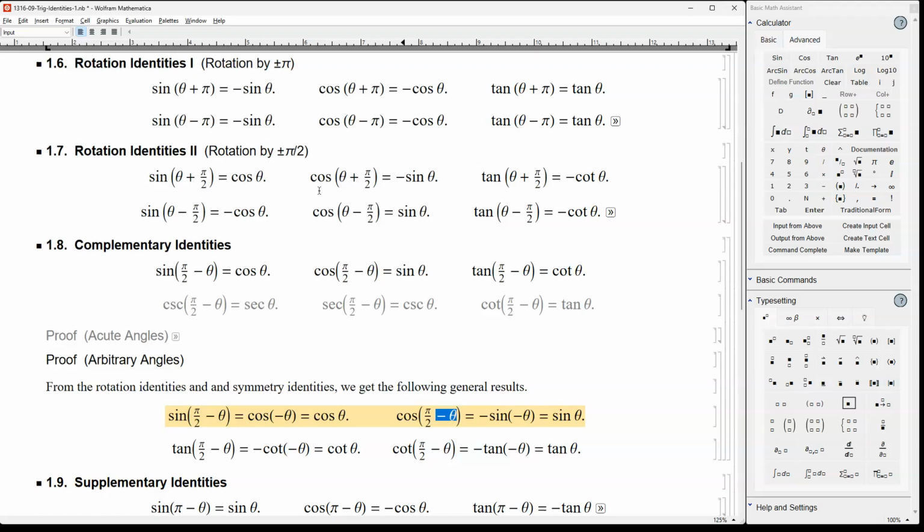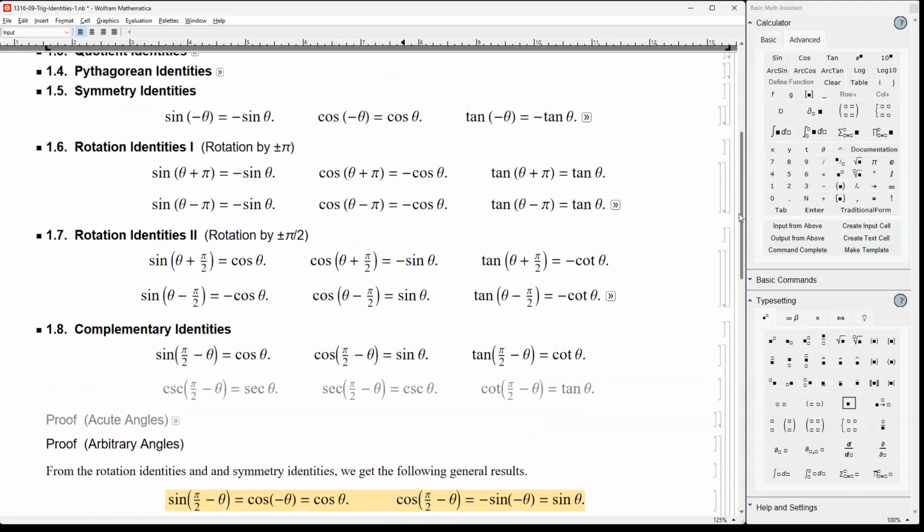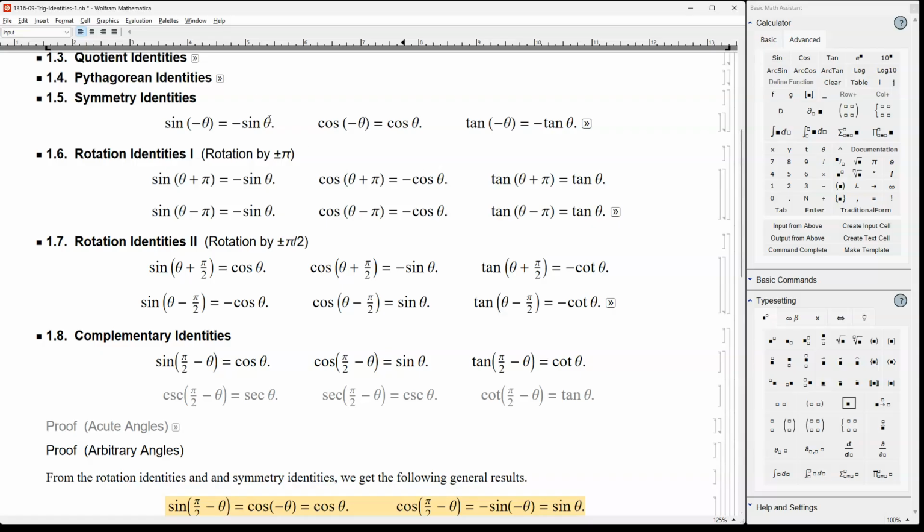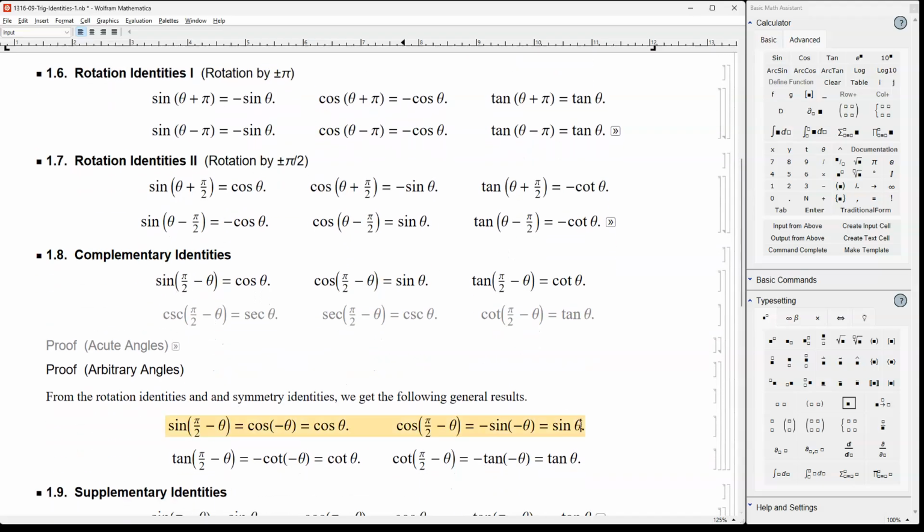So plus pi over 2 for cosine, right here, is negative of sine, so negative of sine of negative theta. And then if I use the symmetry identity, sine of negative theta is negative sine of theta. Take another negative out. We have sine. And then something similar for tangent.